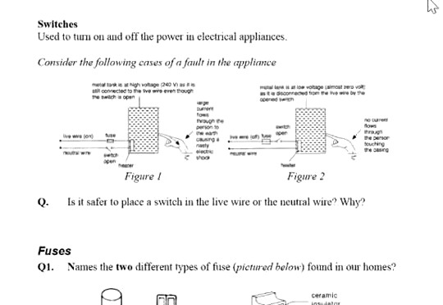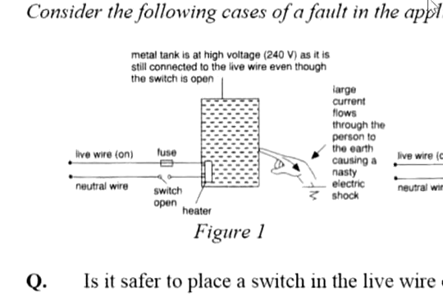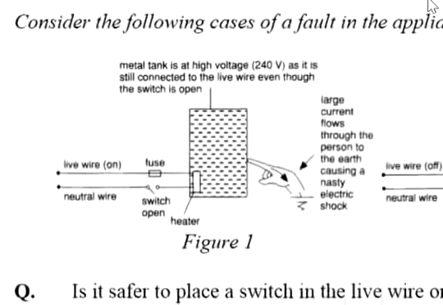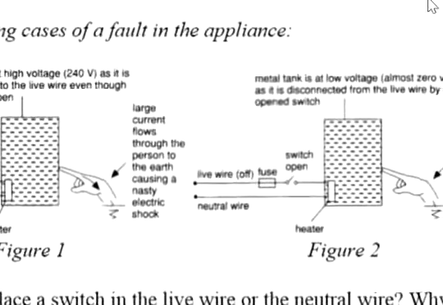Consider the following case of a fault in the appliance. You will notice here, okay, let's enlarge the diagram. Alright. Now, as you can see here, there are two diagrams, figure 1 and figure 2.